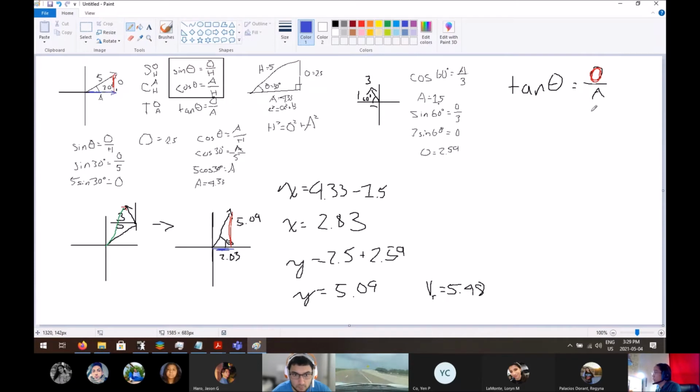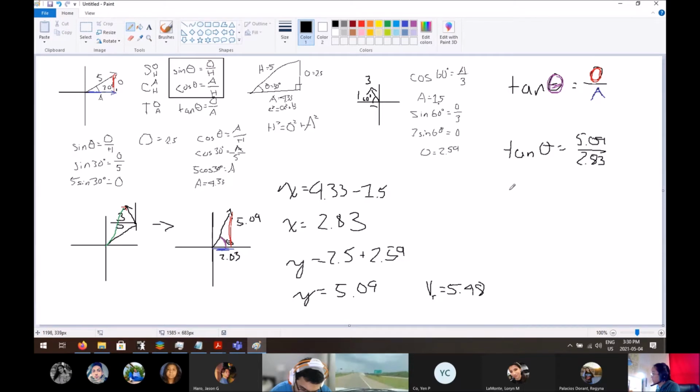So that would be your adjacent. But what is your theta? Fun stuff, you just plug all this in. Tan of theta is equal to opposite 5.09 over adjacent 2.83. How do we find this now?